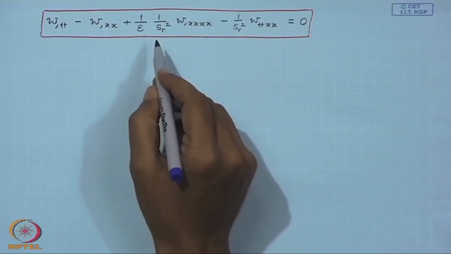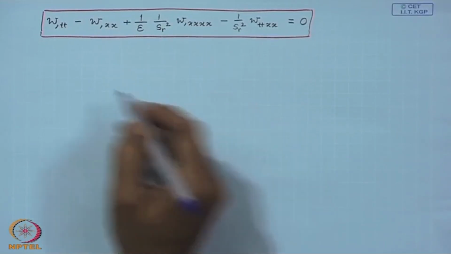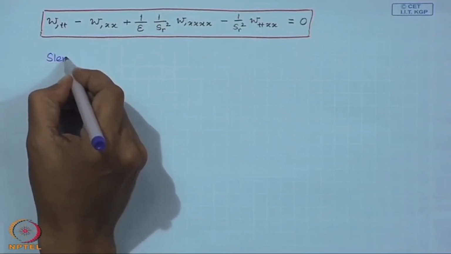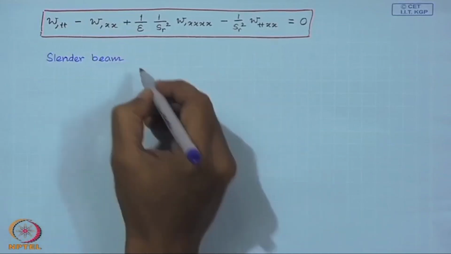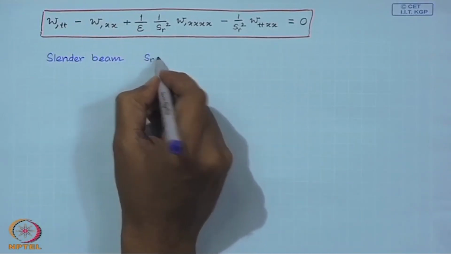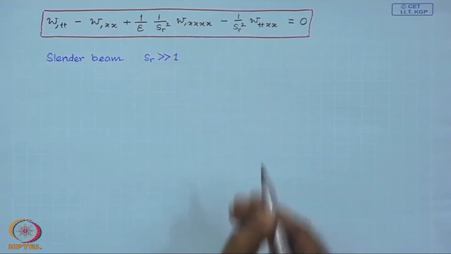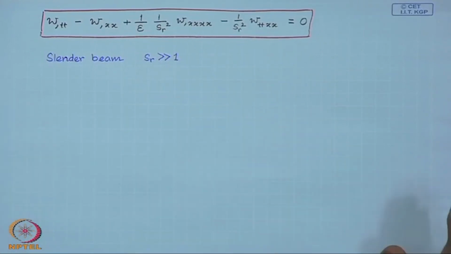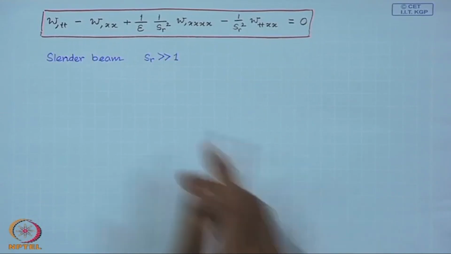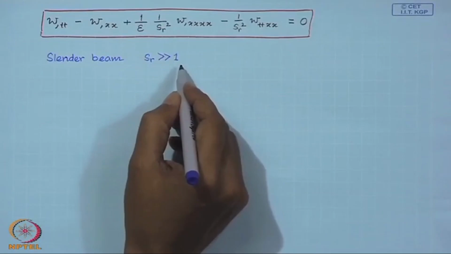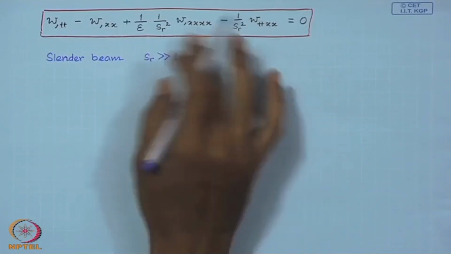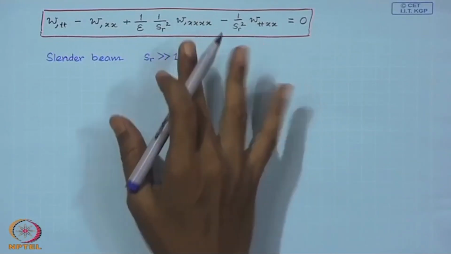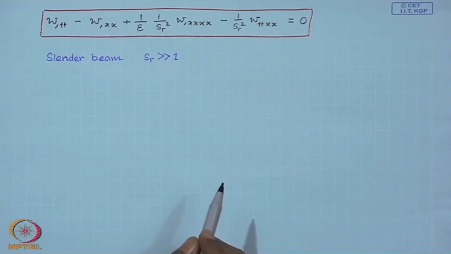So, if the beam is very slender, then the slenderness ratio is very large, because its length is much larger than the area property. So, when the beam is very slender, then this is very large and therefore, these terms can be dropped in comparison to this term.